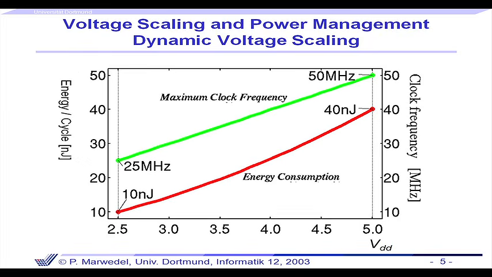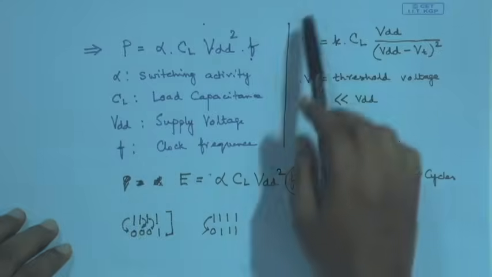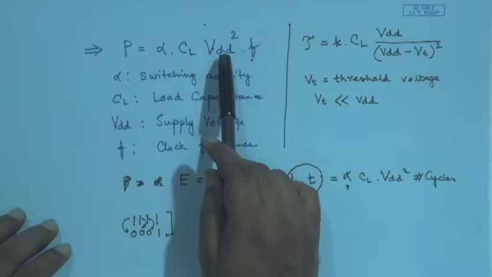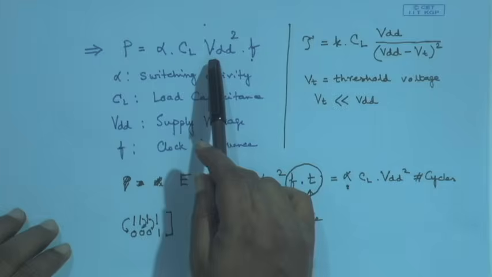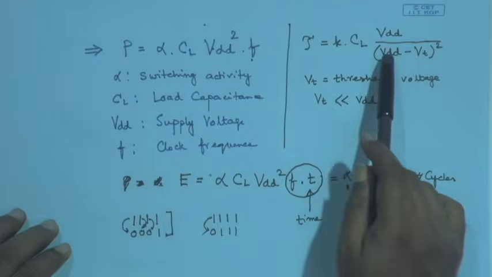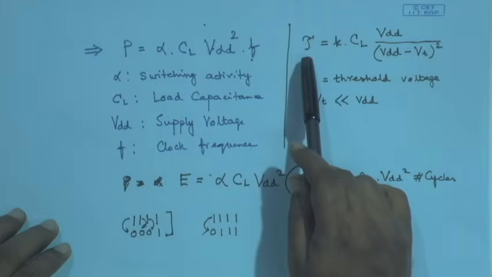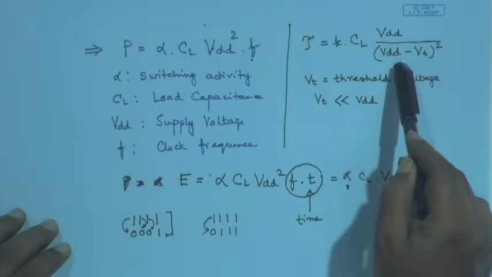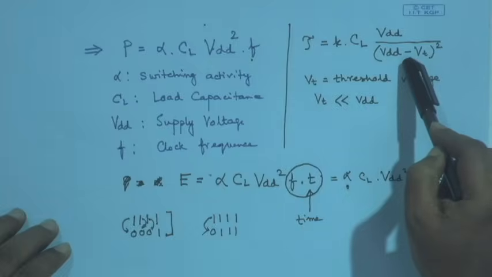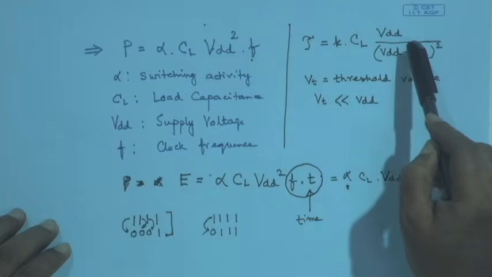First of all, let us try to realize the challenge, and then we will look at the solutions. Let me quickly revise this part. The power or energy will increase with the square of VDD, whereas the delay will be inversely proportional, so the frequency will be linearly proportional to the VDD.